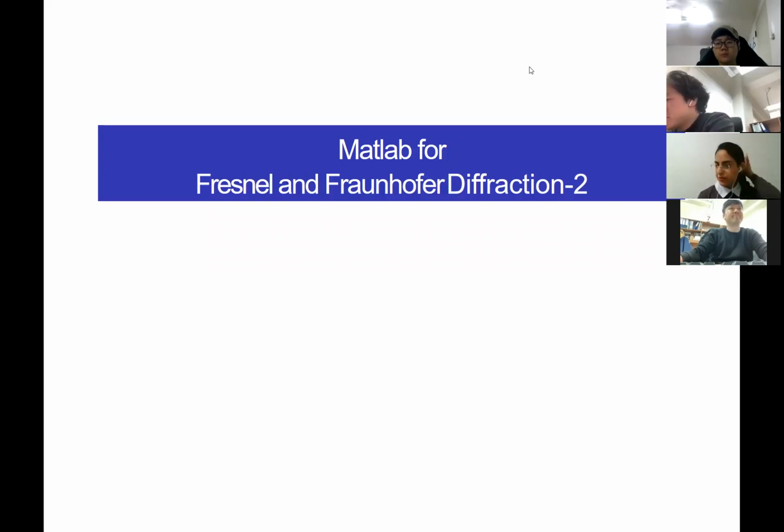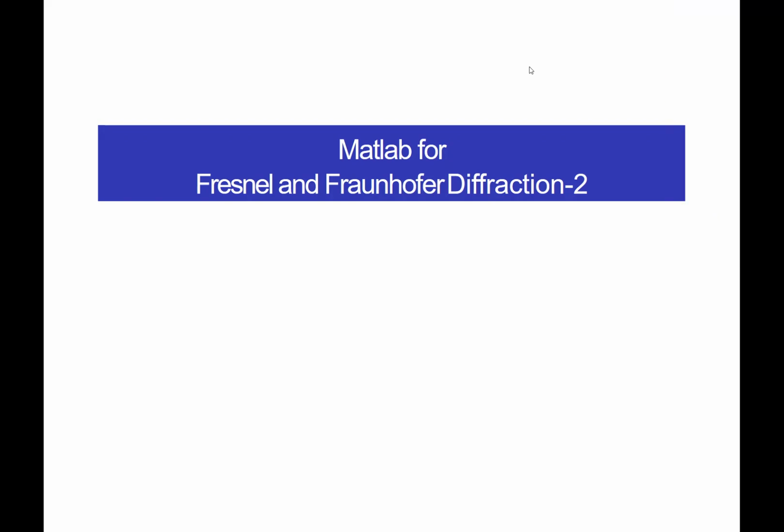So we are going to have two types of discussion today. One is some continuation of a MATLAB coding for Fresnel and Fraunhofer diffraction, or you can say the MATLAB coding for scalar diffraction.